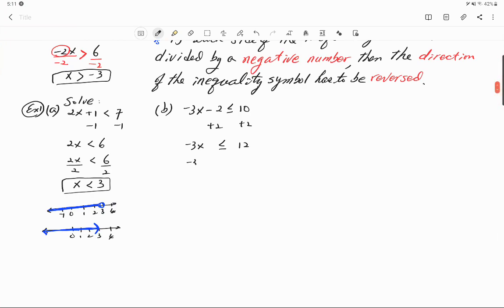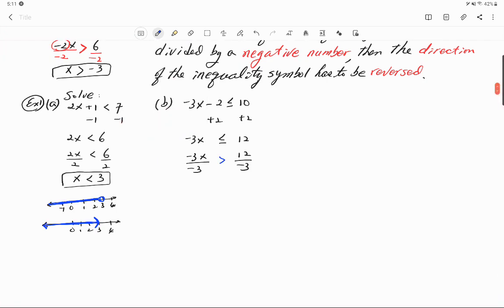Now we divide each side by negative 3, right? Since we are dividing the inequality by a negative number, what do we do? Change the direction. Before I write this inequality, I need to reverse the symbol. All right, so x equals what now?